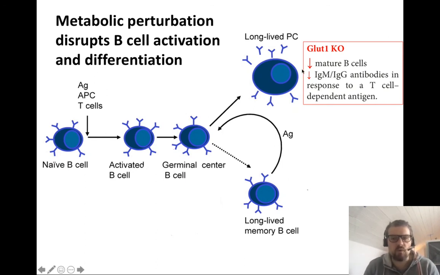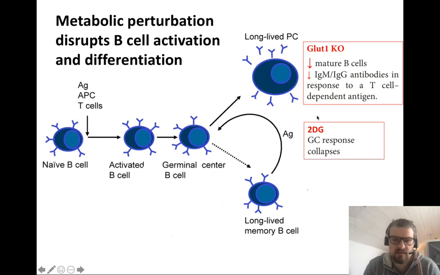If you knock out GLUT1, you fail to generate these mature B cells. You have a deficit in the production of IgM and IgG responses, so the whole T cell B cell response is impaired. If you add direct inhibitors of glycolysis, this isn't a very elegant way of doing it, it's a bit of a dirty experiment, but nonetheless it's informative.